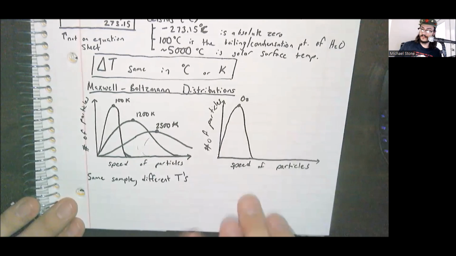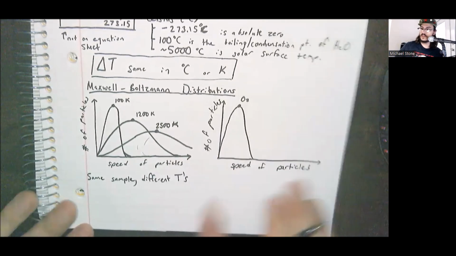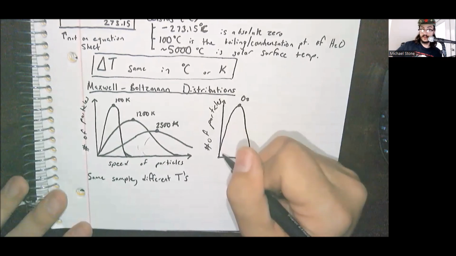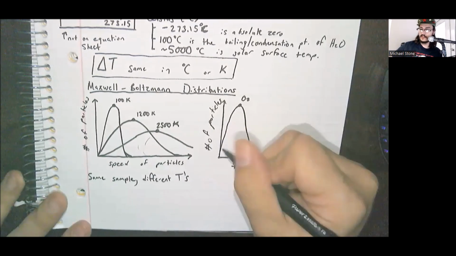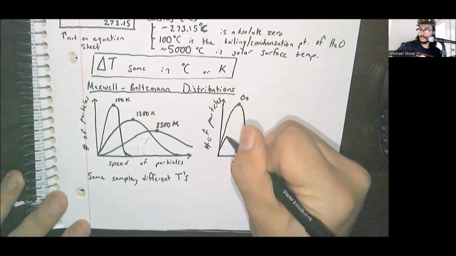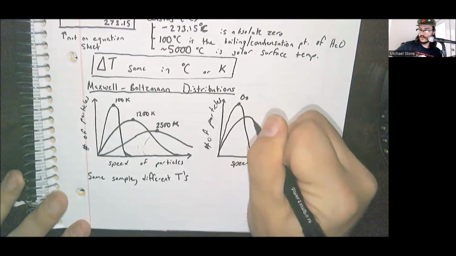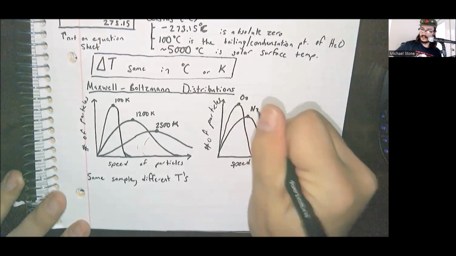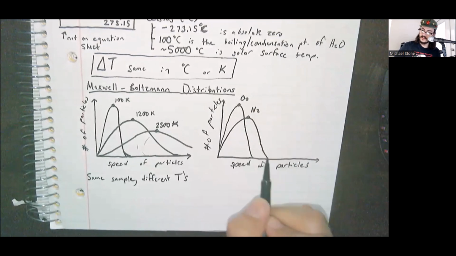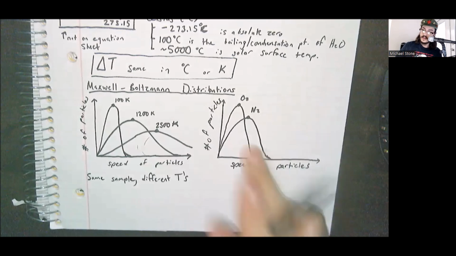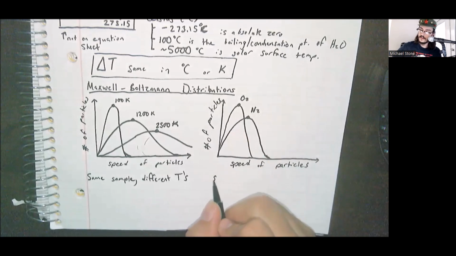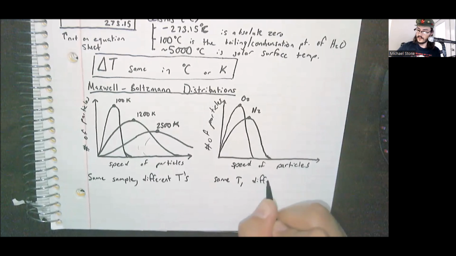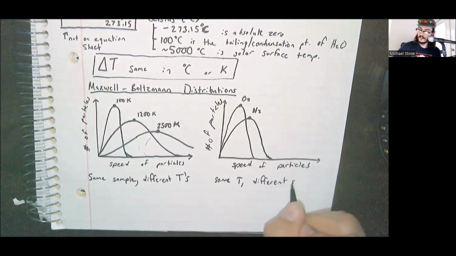Diatomic oxygen would have a distribution somewhere like this. Diatomic nitrogen, which makes up 78% of our atmosphere, not too far off in concept, but do notice that it has a broader spread. Now, these, again, are the same temperature, different gases.